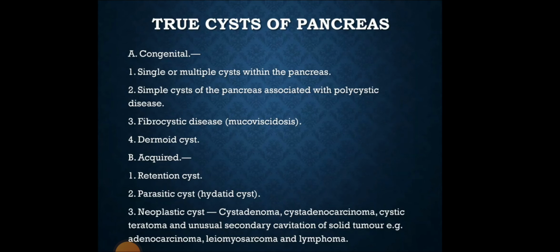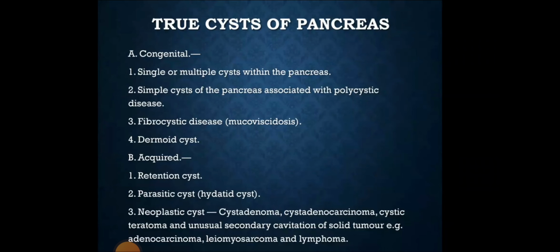And parasitic cyst, it is told the hydatid cyst of pancreas, it is rare. And if it is present, it can be treated by enucleation. Then if the cyst is large, if it is involving tail or body, then distal pancreatectomy with the splenectomy should be performed.